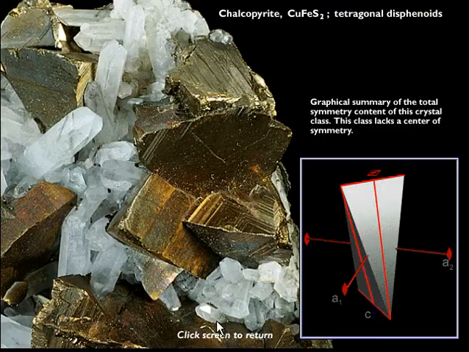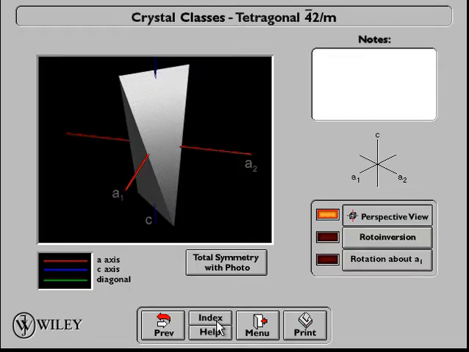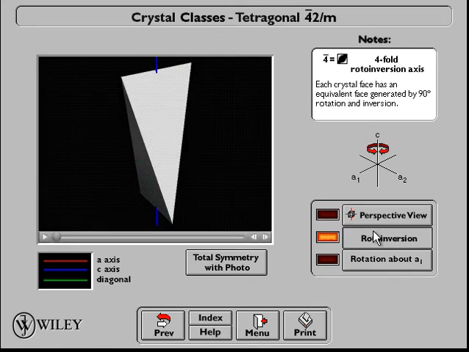While we are clicking the screen to return, we are making now a roto inversion. We have here a fourfold roto inversion axis, with this symbol. Each crystal face has an equivalent face generated by 90-degree rotation and inversion. That is the roto inversion, and now I will show you how it looks in the movie.